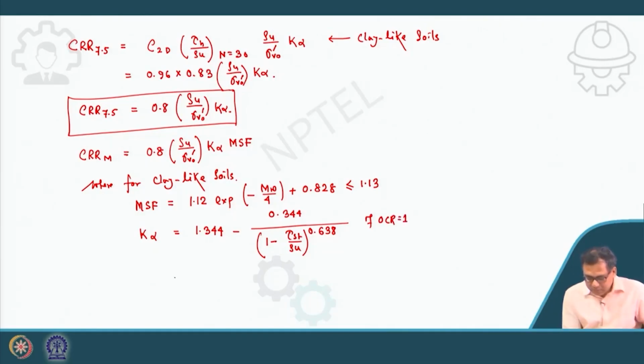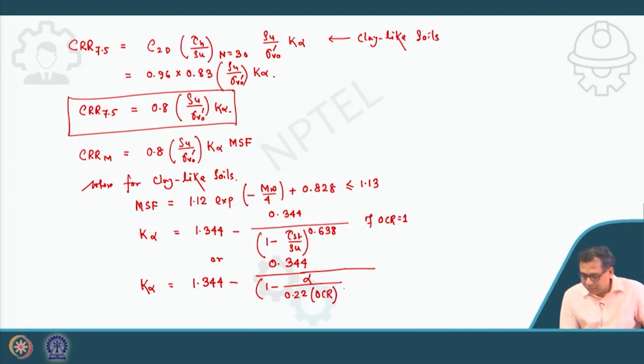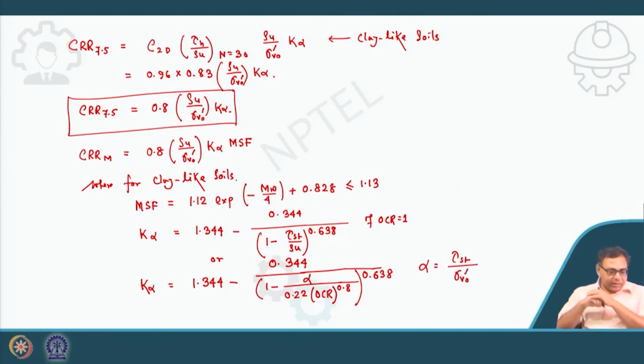Now for other OCR, K alpha is equal to 1.344 - 0.344 [1 - alpha/(0.22 OCR^0.8)]^0.638, where alpha is equal to tau_st, the static shear stress, divided by the effective overburden pressure.